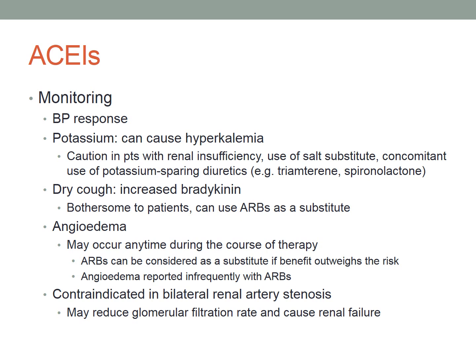So if you really need someone, because of comorbidities, to be on an angiotensin inhibitor, then an ARB can be considered because angioedema is reported infrequently with ARBs. However, it does still sometimes occur, but it's pretty infrequent.